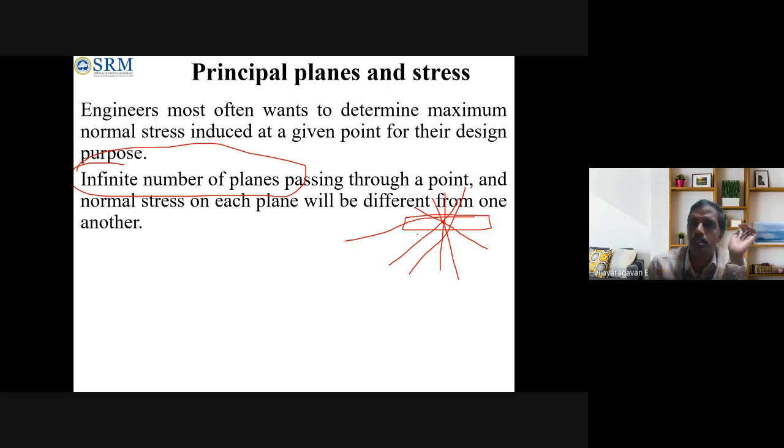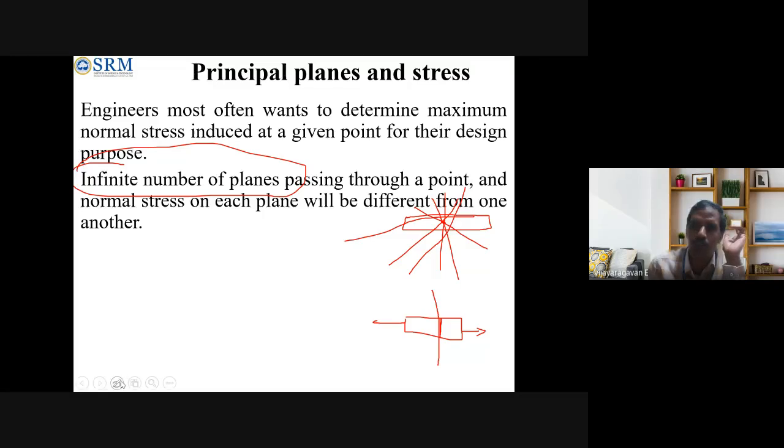Say, for example, we consider a member subjected to a normal tensile load, no other thing. If you want to see the stress acting on the vertical section, stress is force divided by area, where the area is this cross-sectional area.